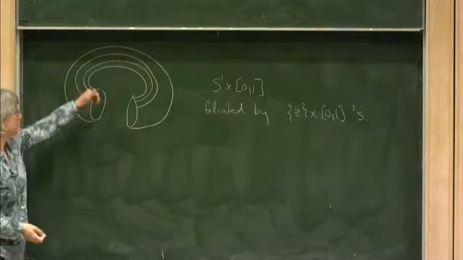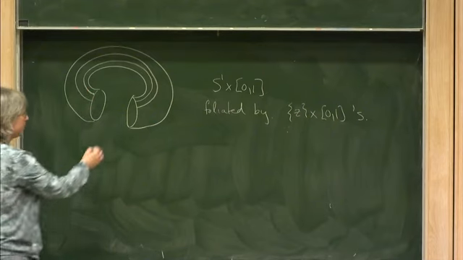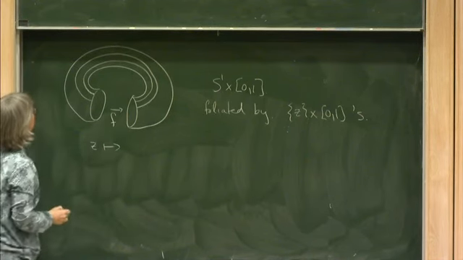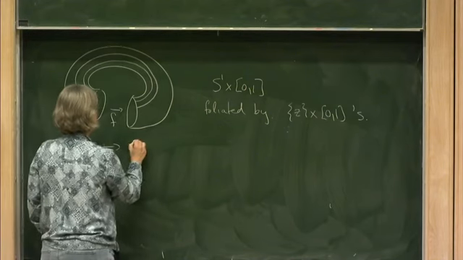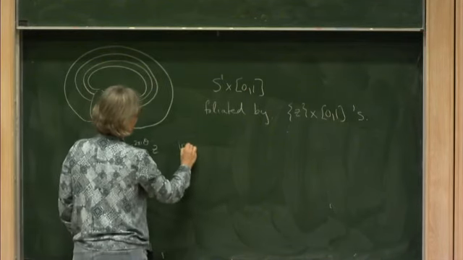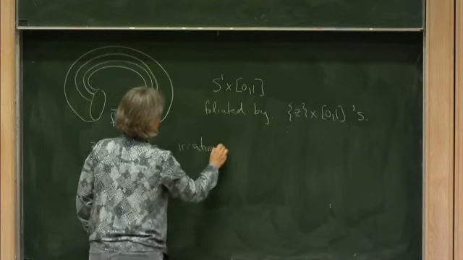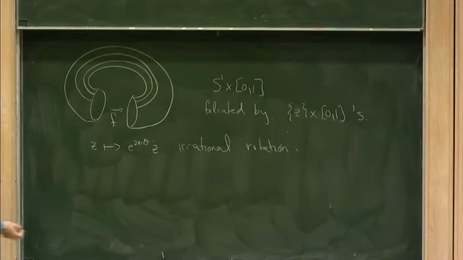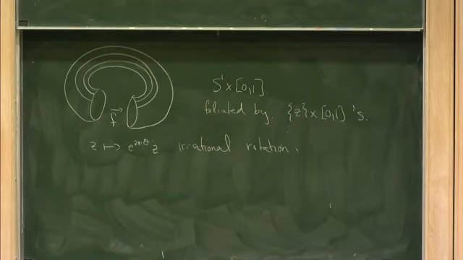So I've got a foliation by intervals of this guy. And then I can think about choosing my map F, taking z to e to the 2 pi i theta z, where this is an irrational rotation. And as long as I choose irrational rotations to match up, I've just got another description of the foliation of T2 that we had up above.